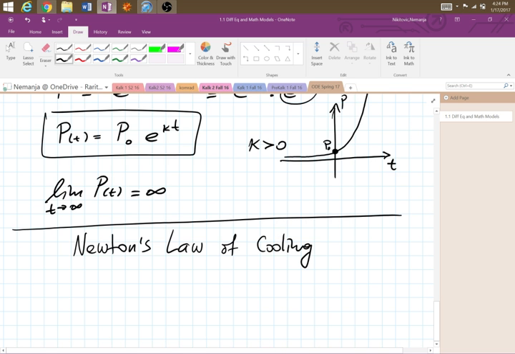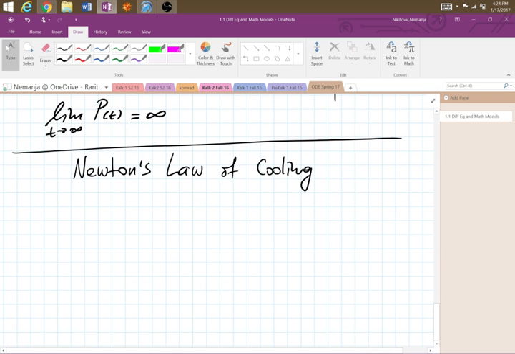Newton's law of cooling. So there's no way I can fit this in one line. I mean, I could, but it's just going to be weird when you print it.